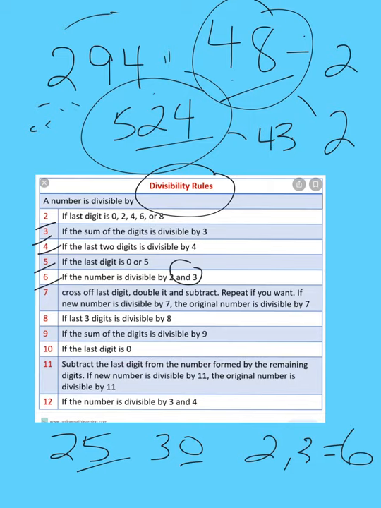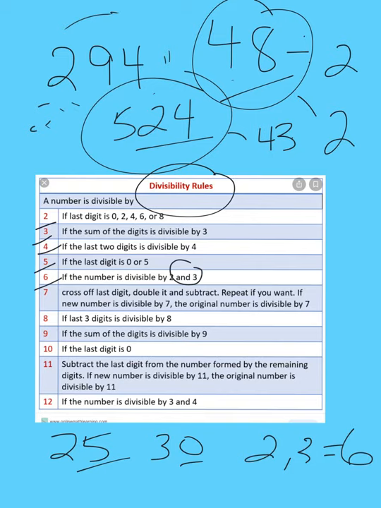The ones from 7 to 12, I'll go over them very quickly, but I'll probably explain them more in class as well. 7 would be if you cross off the last digit and then you double it and subtract. So if the new number that you get by doing that is divisible by 7, then the original number is divisible by 7.